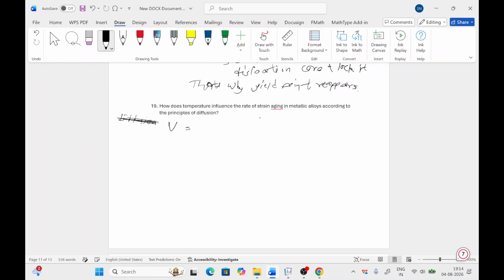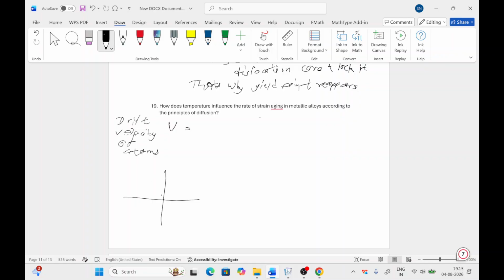Sorry, the drift velocity of atoms. The atoms get some type of drift velocity because of the stress field around the dislocation, meaning some type of equipotential lines form around the dislocation core.